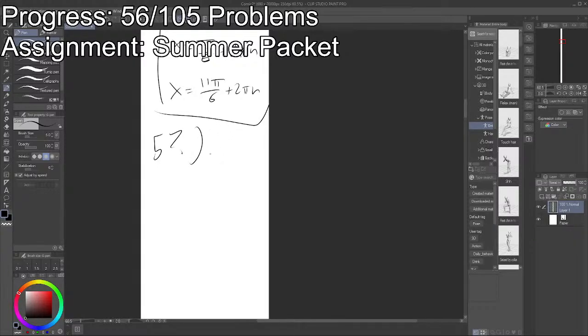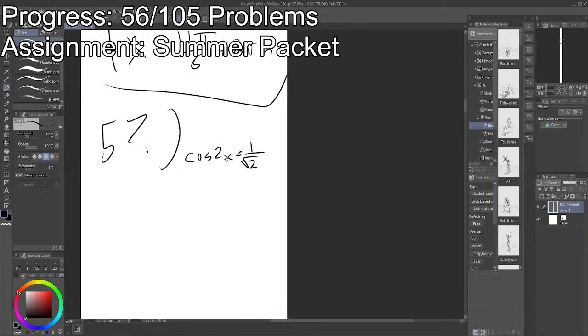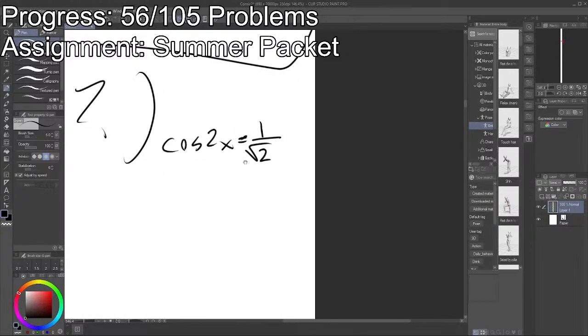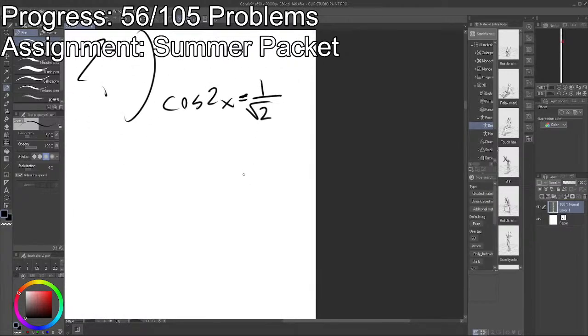So 57 is cos 2x equals 1 over square root of 2. So cos 2x sounds like a trig identity. Pull up the list. Yes, sir.